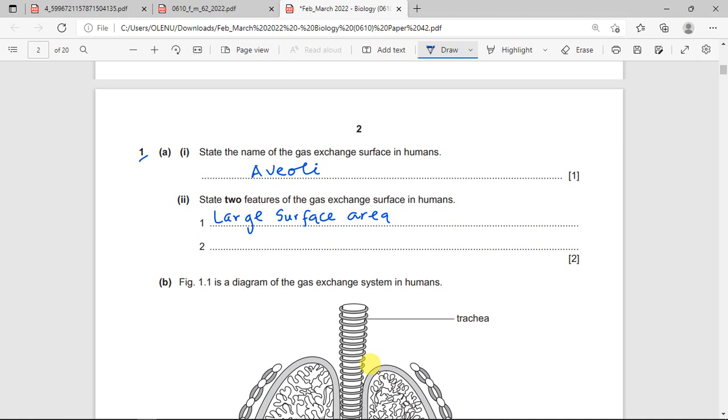Another factor there is that it's well ventilated. Number 3, you can write it has a large network of blood capillaries.